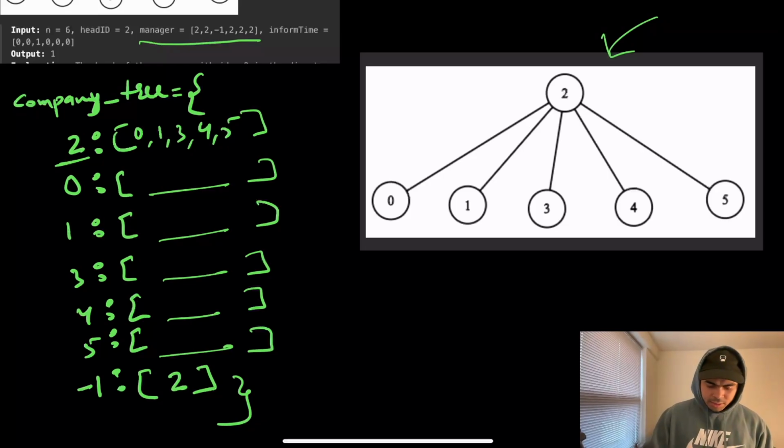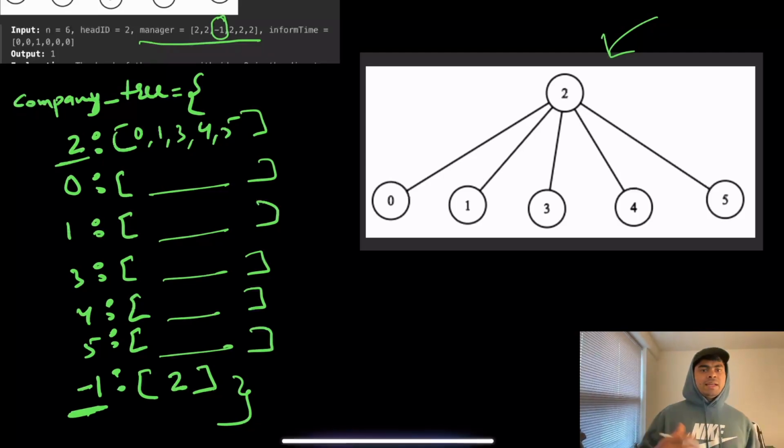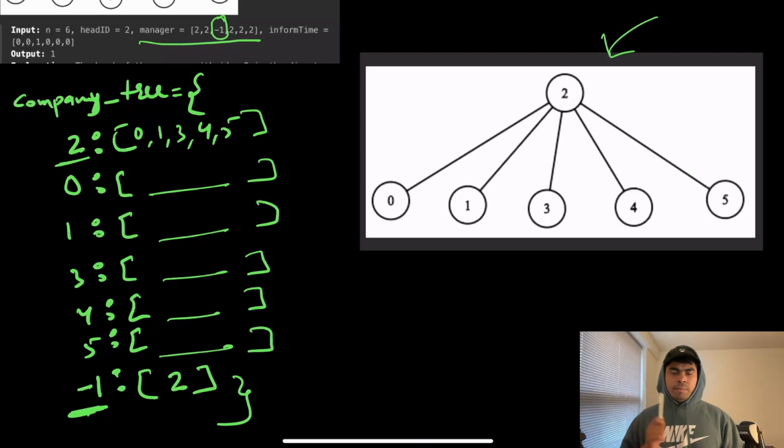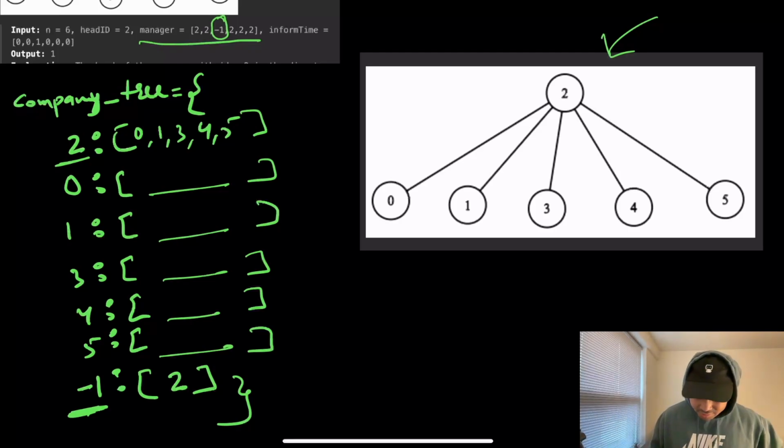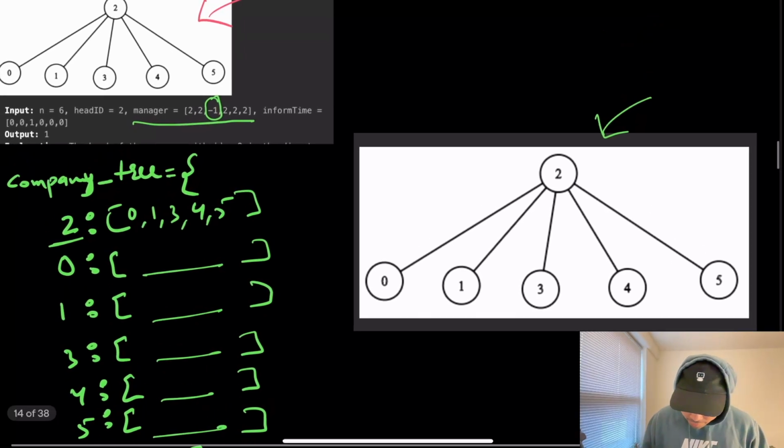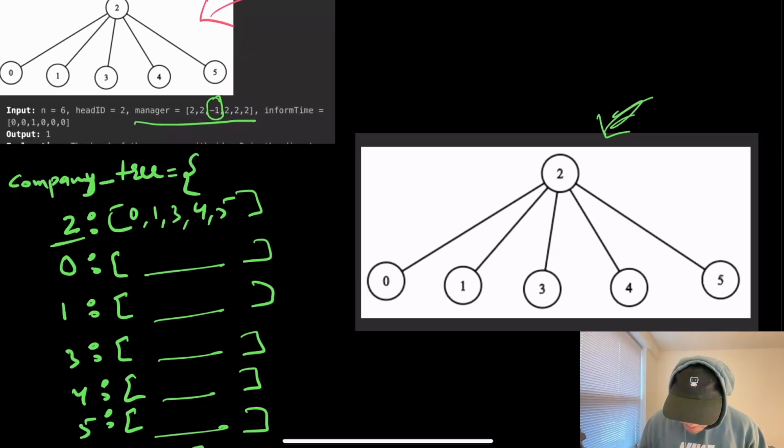We have to assign this because we will find this value when we are iterating over our managers, and while creating this tree structure, we have to fill in that value for each employee's manager. But now how are we going to find the total time it takes to inform all the employees?